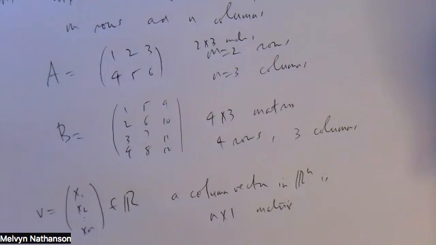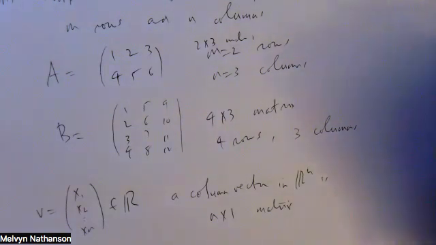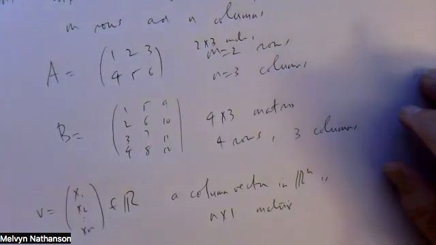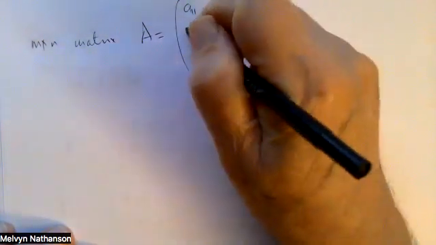So the general notation for an m by n matrix A, say, we write the entries aij. So A11, A12 up to A1n, they're n columns.